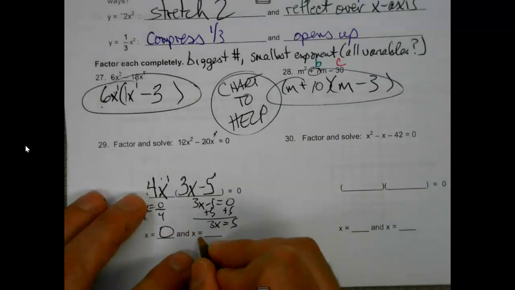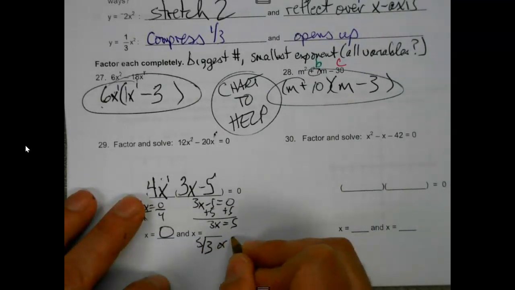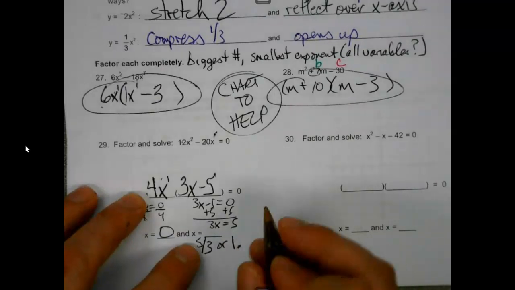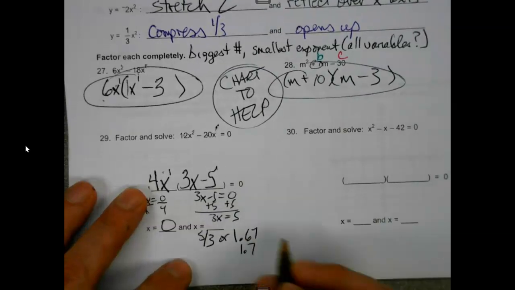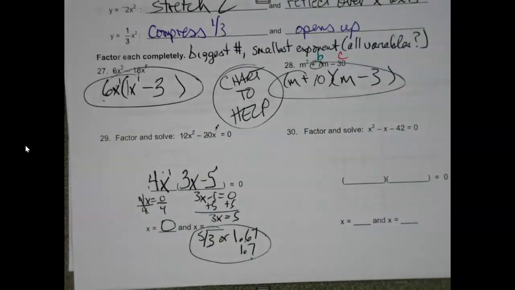And I am perfectly fine here if you keep it as a fraction, or if you go ahead and, let's see here. I'll take any of those. 5/3, 1.67, 1.7. I'm okay.